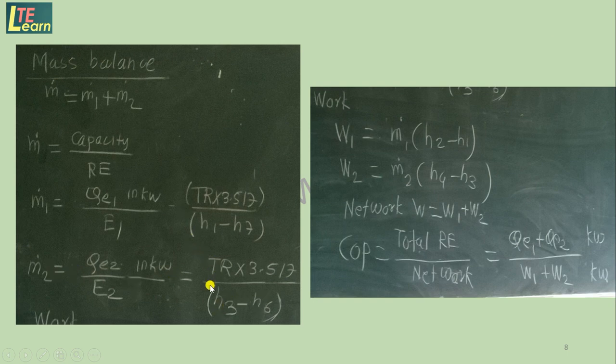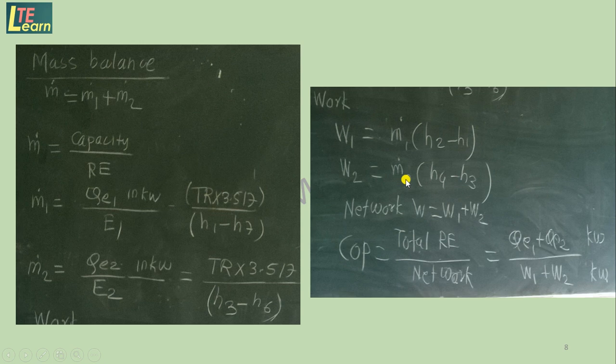In both evaporators here capacities are given in TR, so a conversion factor multiplier is used here in order to convert them into kilowatt. Now for compressor 1, similarly, formula is M1 dot mass flow rate multiplied by the enthalpy change in the compression process, H2 minus H1.